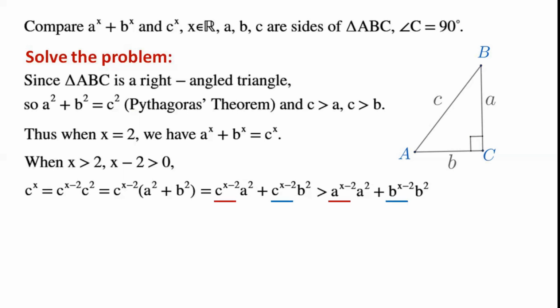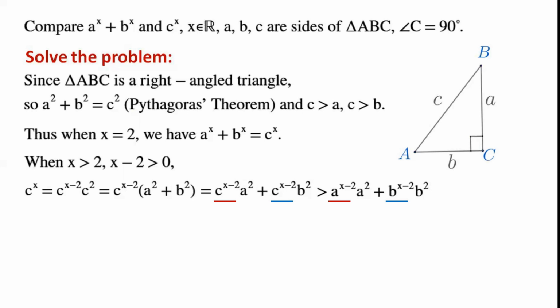As a and b are less than c and x minus 2 is greater than 0, c to the power of x minus 2 is greater than a to the power of x minus 2.